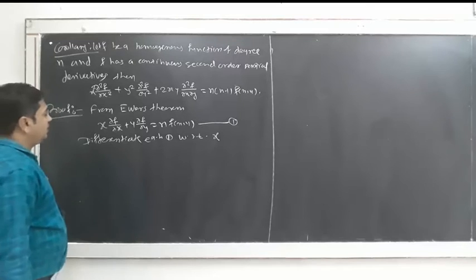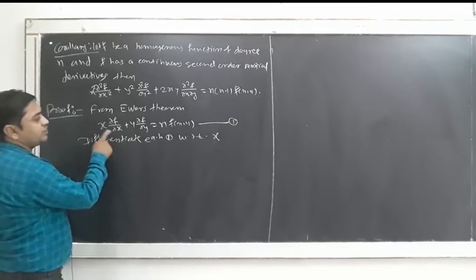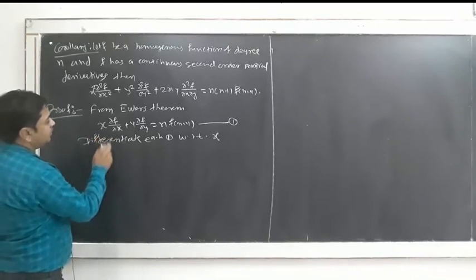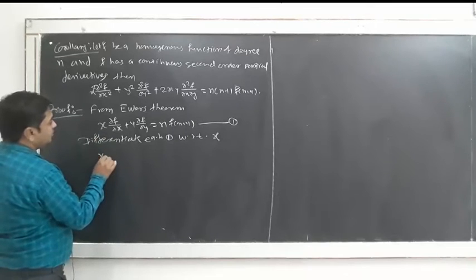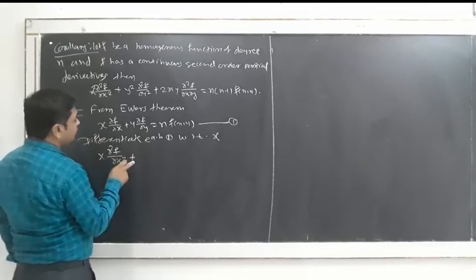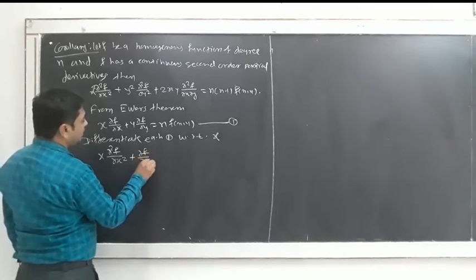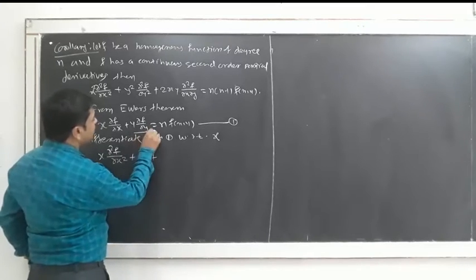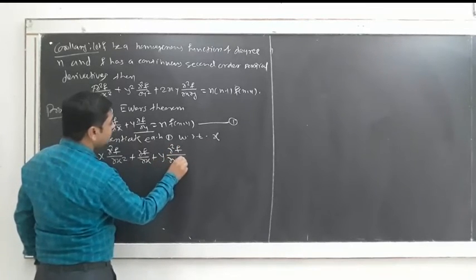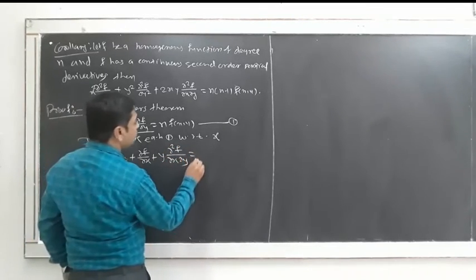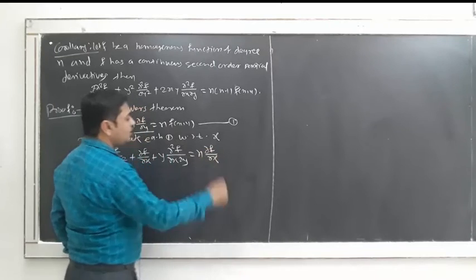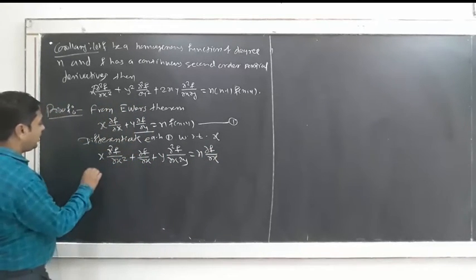Here both are products of functions of x, so we have to use the product rule. So x into ∂²f/∂x², the derivative of x is 1, so ∂f/∂x, plus here y is constant, ∂²f/∂x∂y, is equal to n into the derivative of this, ∂f/∂x. Now multiply by x.